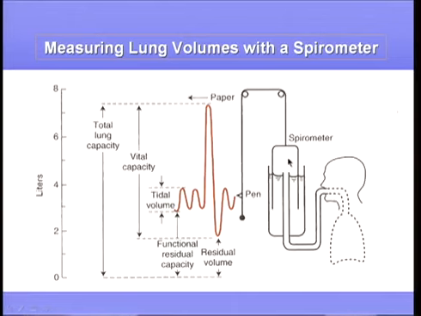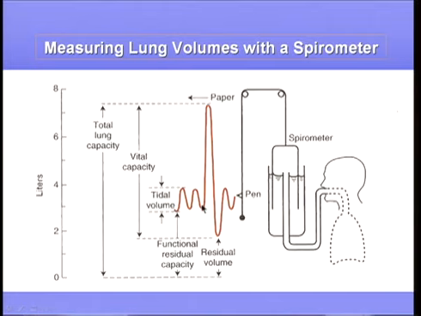As the subject breathes out, the spirometer goes up, the pen goes down. As the subject breathes in, the spirometer bell comes down, and the pen goes up. So here we have somebody breathing normally. This is normal breathing, and these are the tidal volumes. There's the tidal volume here. And as we saw before, it's around about half a liter.